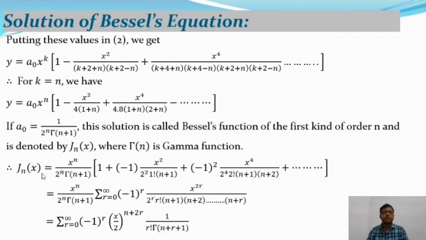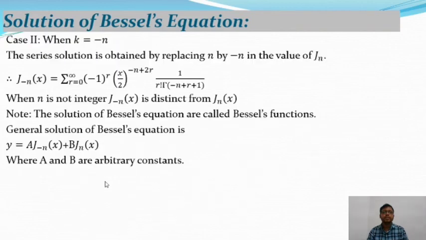So therefore the Bessel's function of order n, denoted by Jn of x, can be defined as Jn of x equals the summation of r from 0 to infinity of (-1) to the power r into (x/2) to the power n plus 2r into 1 by r factorial into gamma of n plus r plus 1. So this is called the Bessel's function of order n.